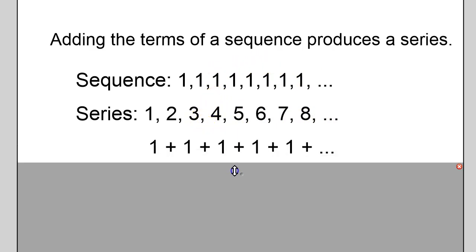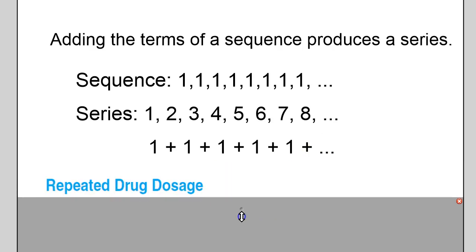But I got each term by adding up the first n terms of the sequence. So 1 is by adding 1, and 2 is 1 plus 1, and 3 is 1 plus 1 plus 1. The way that you represent a series, which is a sequence of sums, is by putting the addition signs in between and then doing the dot, dot, dot to indicate that there is an infinite sequence of sums.